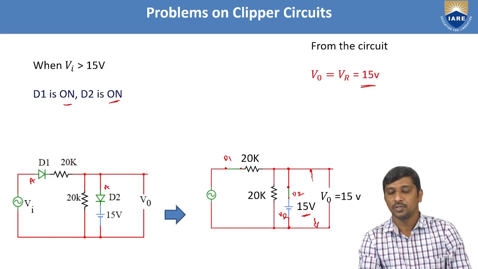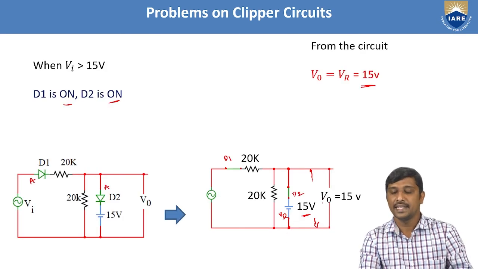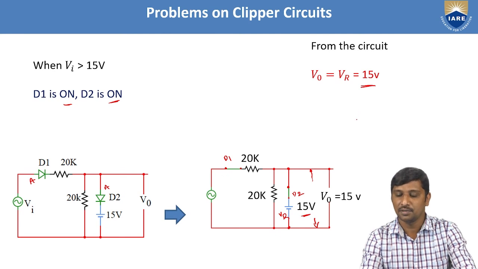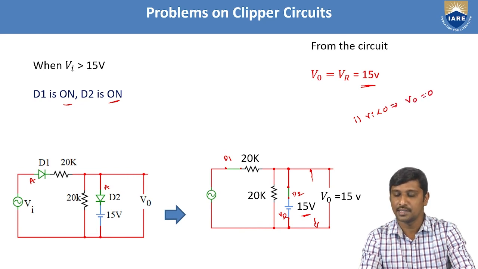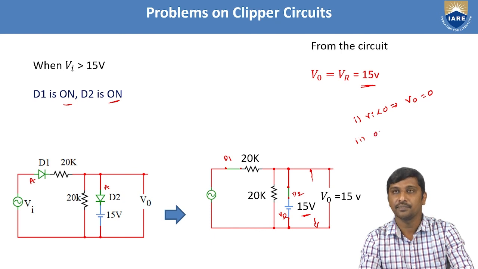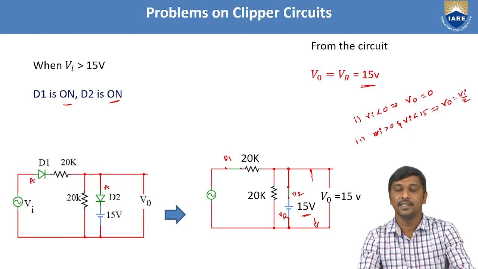So that is the reason we observe three conditions based on the given circuit. First, when Vi is less than 0, the output voltage is 0. Second, when Vi is greater than 0 and less than 15 volts, V naught is equal to half of the given input voltage, Vi by 2.